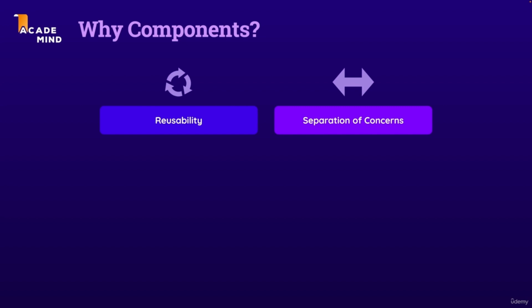Having reusable building blocks helps us avoid repetition. And in programming in general, it is good if we don't repeat ourselves. Having a separation of concerns helps us with keeping our code base small and manageable. Instead of having one large file which holds all the HTML code and all the JavaScript logic for the entire user interface, we have small separated units, these components, where every component has one clear concern, one focus, one specific task it focuses on.